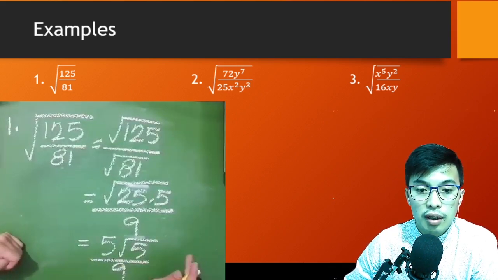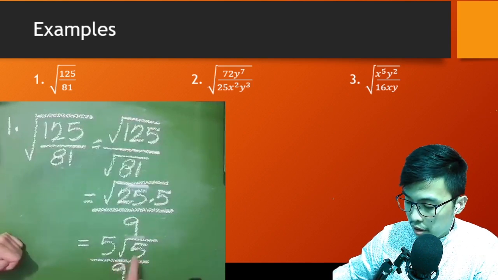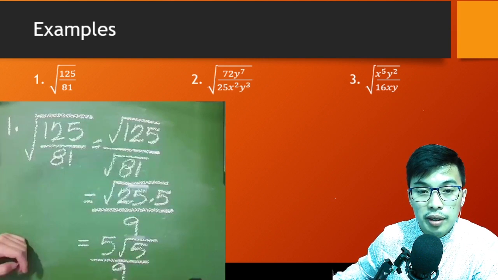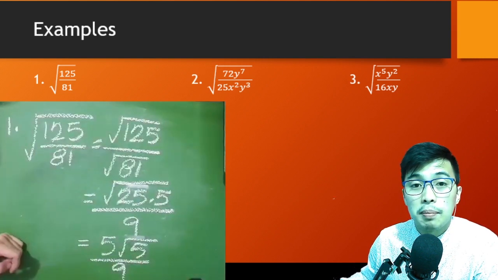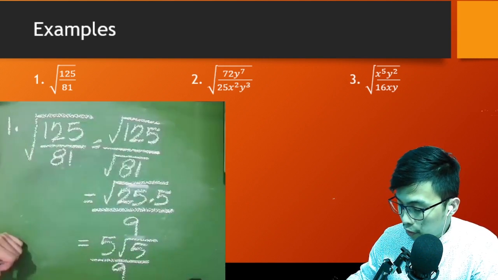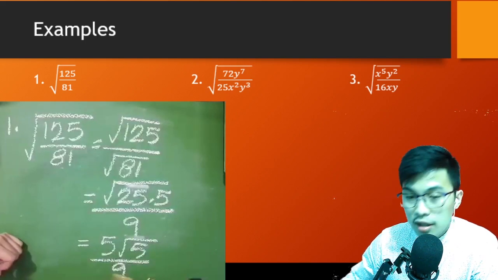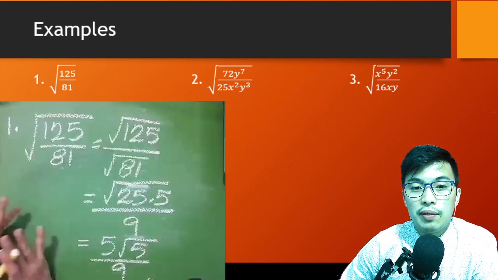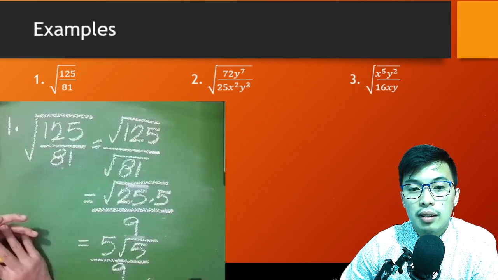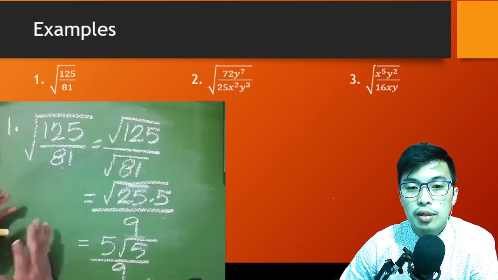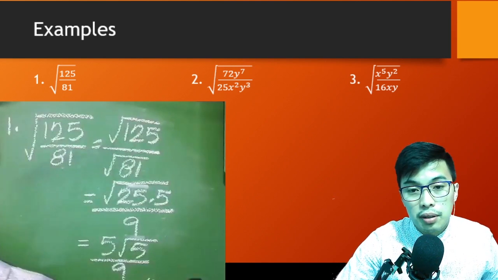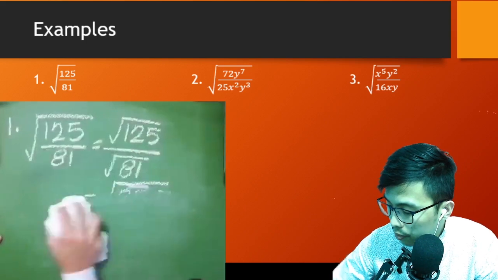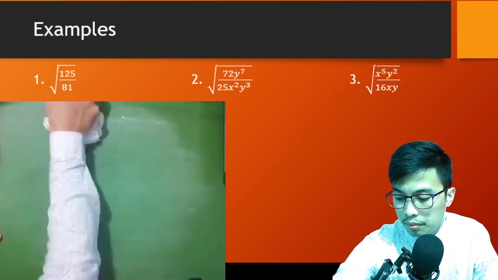So, question: is this term, 5 times the square root of 5 divided by 9, already simplified? Yes. Therefore, this is already the simplified form. Do you have any questions for that? If none, I guess we can already move to the next example. Okay, I'll just erase this.